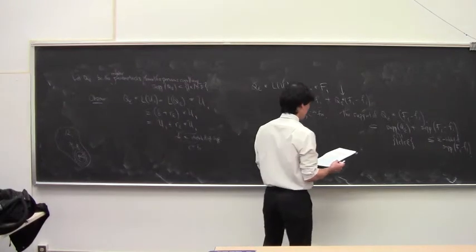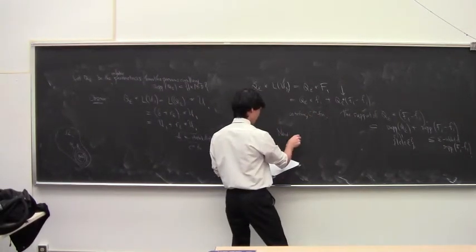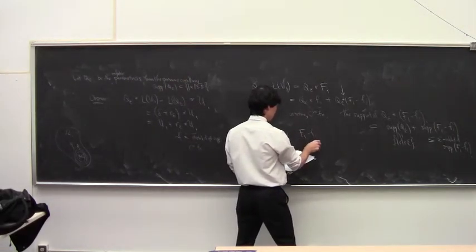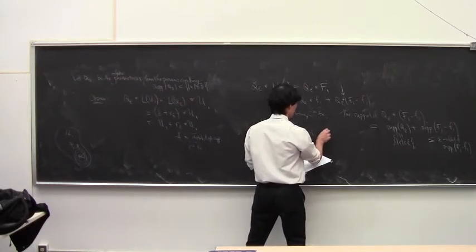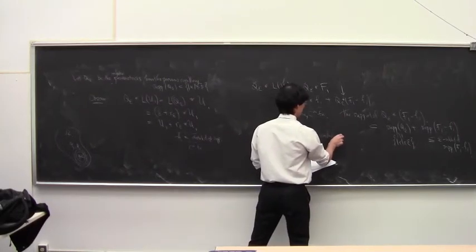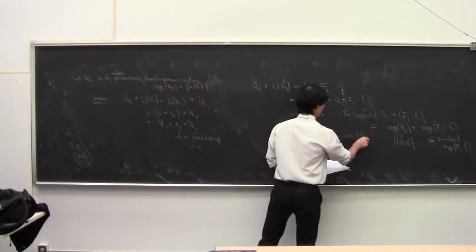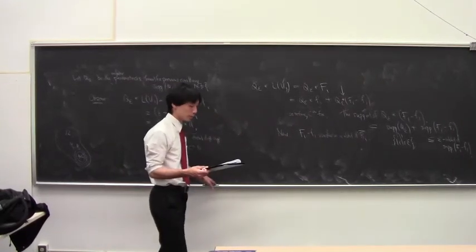Now, capital F1 minus little f1 vanishes in a neighborhood of B1 hat by construction.